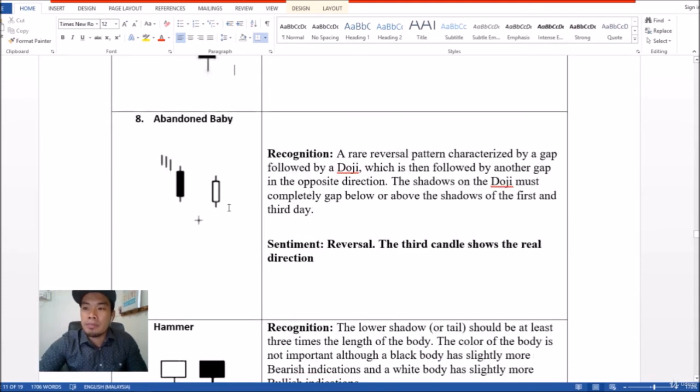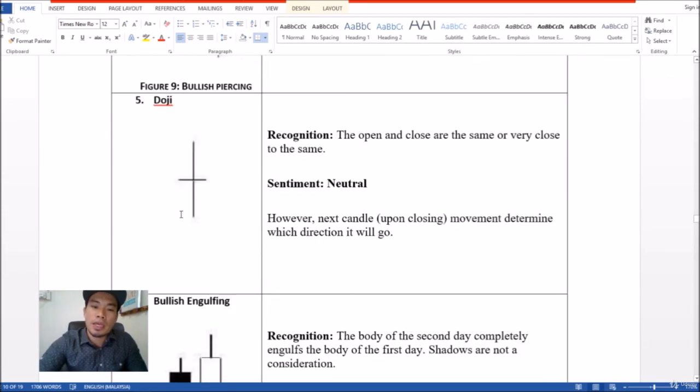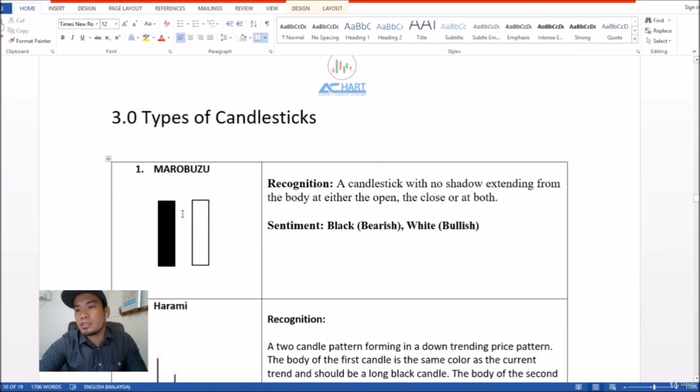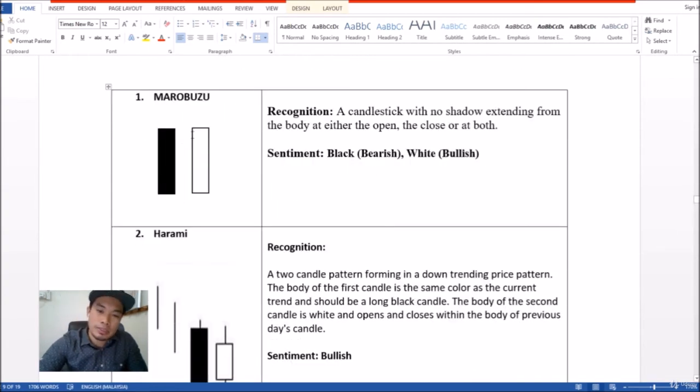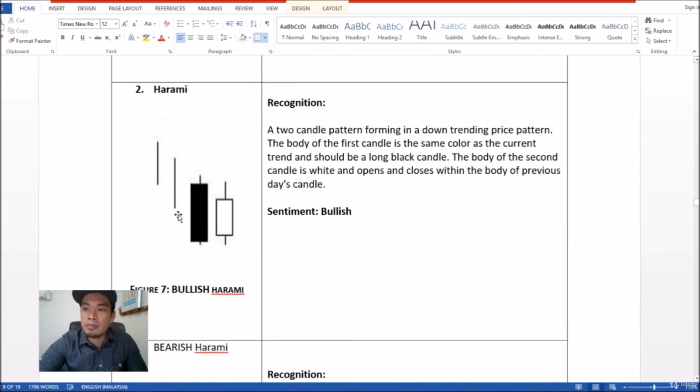And abandoned baby, what is this? As you can see, when we make our analysis, the Marubozu is a single candle, but from Harami onwards, we need at least two candles working together in order to recognize the sentiment of the market.